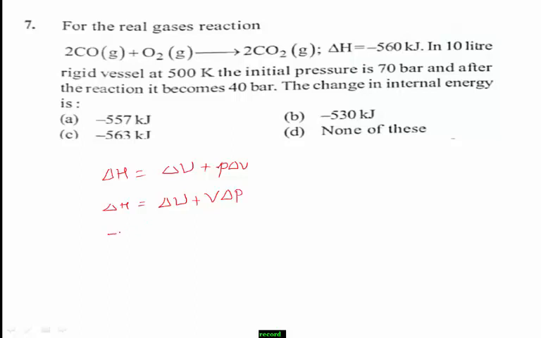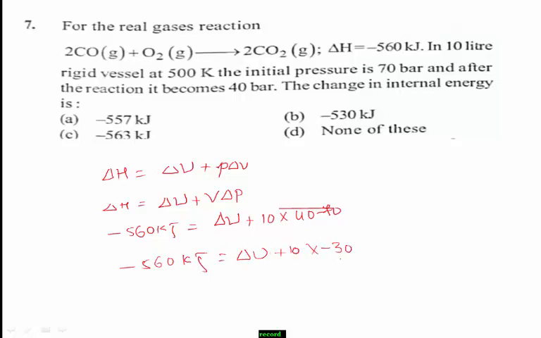Here delta H is given as minus 560 kilojoule, equal to delta U plus 10 into 40 minus 70, right? 40 minus 70. Therefore minus 560 kilojoule equal to delta U plus 10 into minus 30.